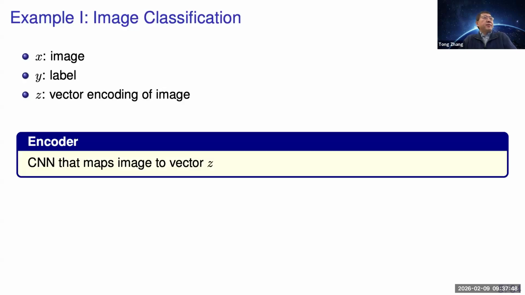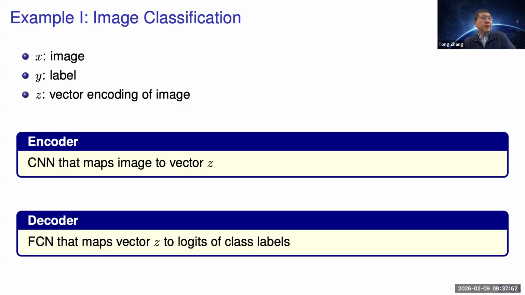Basically, the CNN maps an image to a vector. For the decoder, you use fully connected neural nets. If you recall the CNNs, for classification it takes the flattened image vector at the top level, then maps that to the logits of the class label. That's what the decoder is doing.